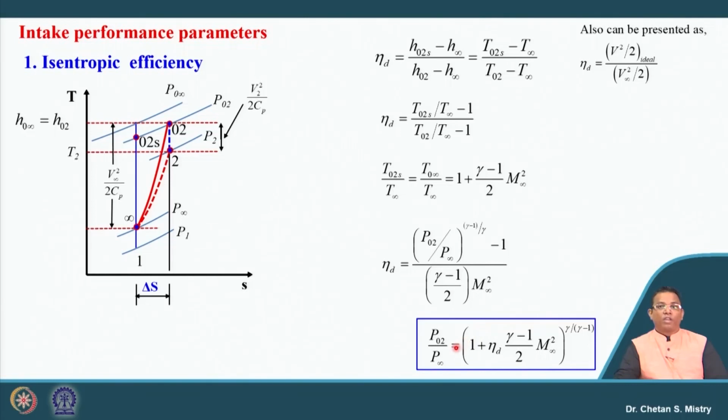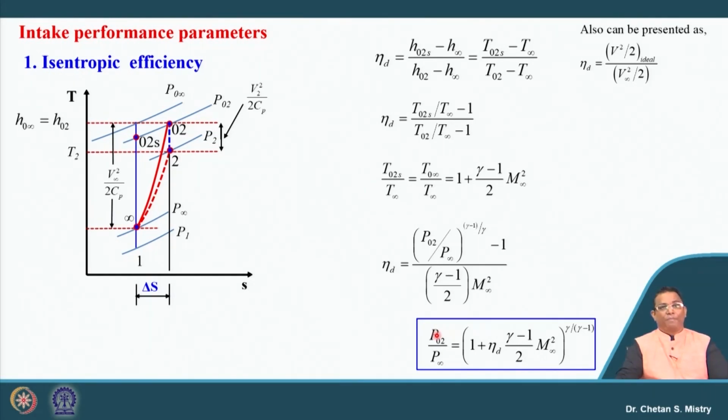Overall, my pressure ratio is given by 1 plus diffuser efficiency times gamma minus 1 by 2 M infinity square, to the power gamma over gamma minus 1. There is no need to mug up this equation; from the fundamentals you can easily get this part.